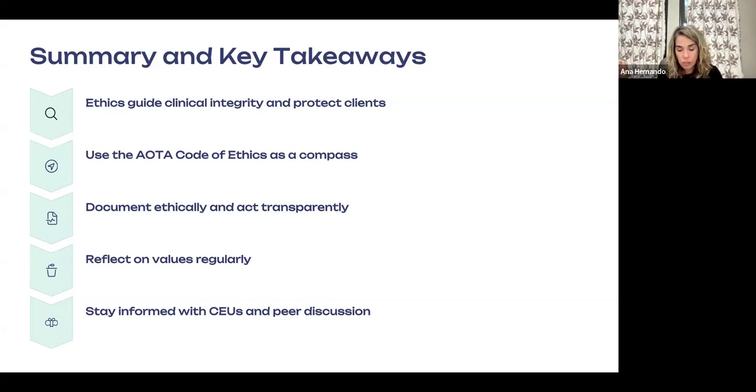One of the things in my research study that was shared multiple times by several of the participants is that having the opportunity to discuss with peers the ethical dilemmas that they were dealing with enabled them to come up with peer-directed solutions, and they felt empowered to go back and implement changes in their department and facilities. So it's important as a professional, and to minimize your risk for moral and ethical distress, to stay informed with CEUs and peer discussion.